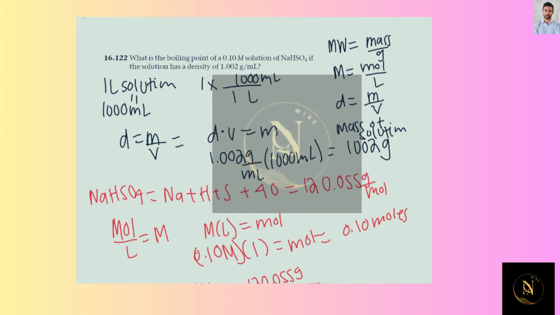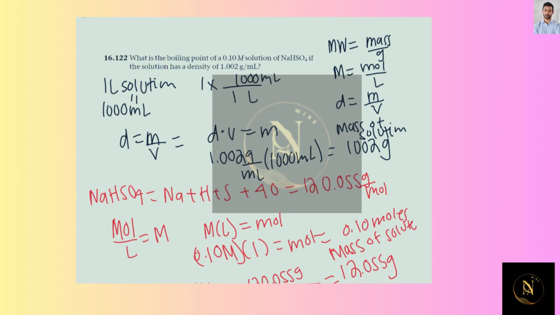Our moles cancel out, and we only have grams left. Therefore we have a total of 12.0055 grams, which is the mass of your solute.